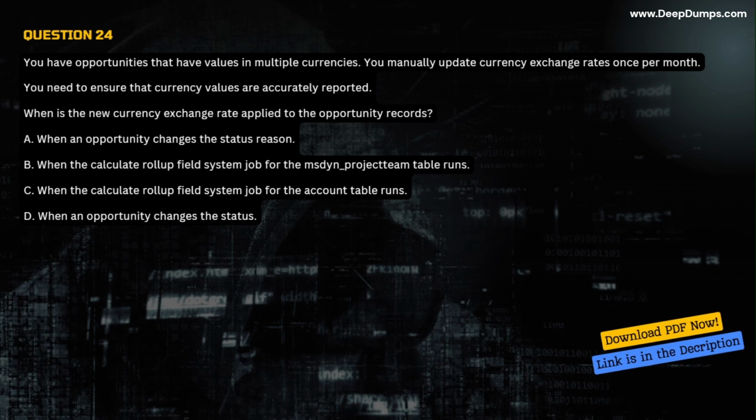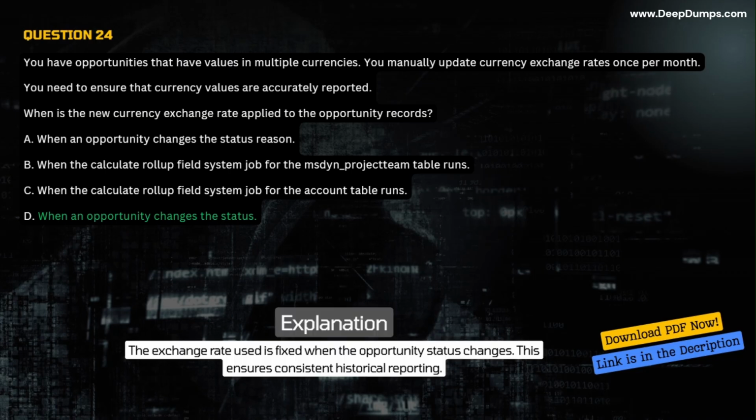B. When the calculate rollup field system job for the MSDYN_projecting table runs. C. When the calculate rollup field system job for the account table runs. D. When an opportunity changes the status. Correct answer: D. When an opportunity changes the status.